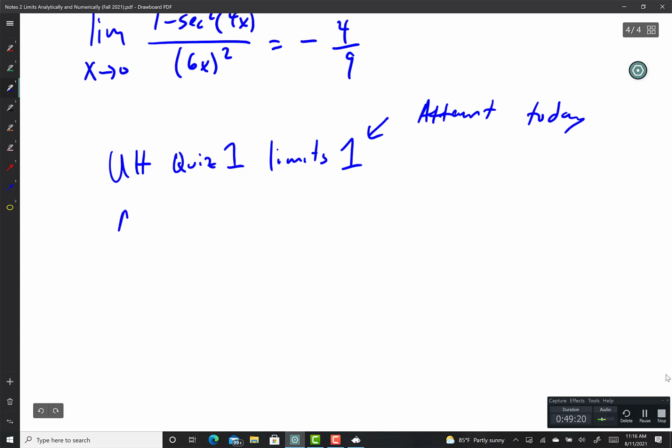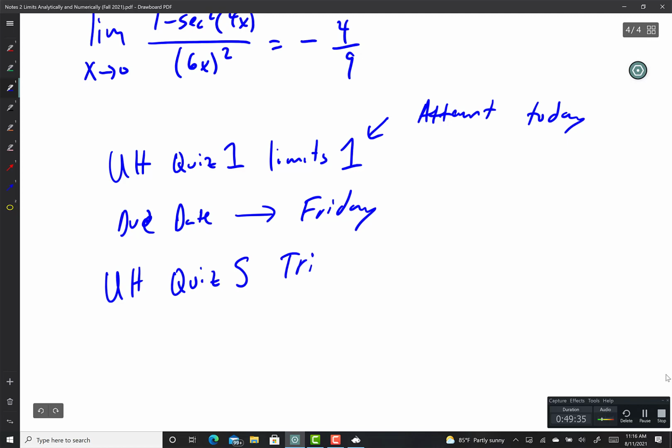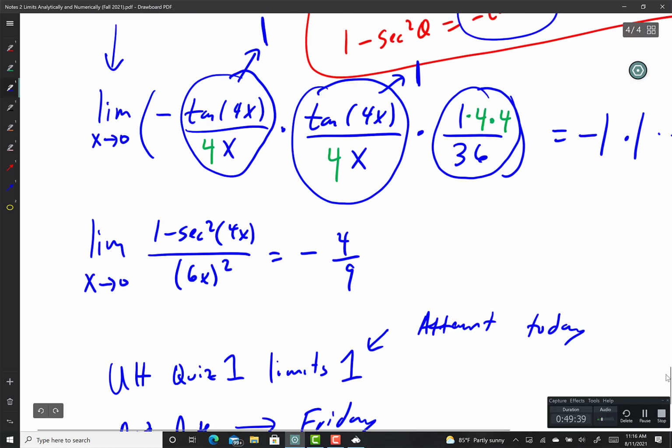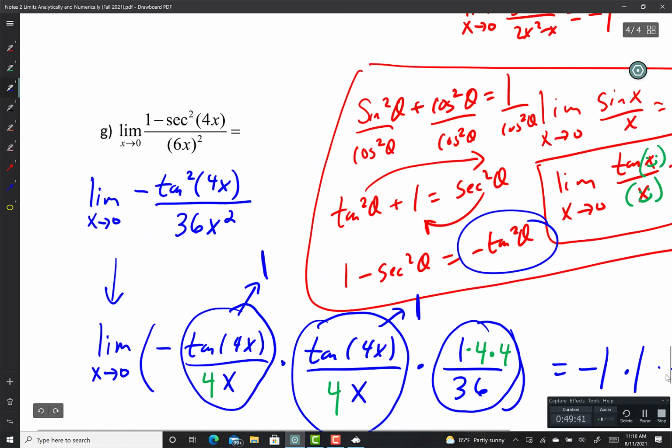And the due date, I think I put the due date on Canvas as for this Friday. If you're ambitious, I don't remember the name of the quiz. I want to say it's quiz 5. It's called trig limits. And guess what trig limits has? A whole bunch of trig limits like this.